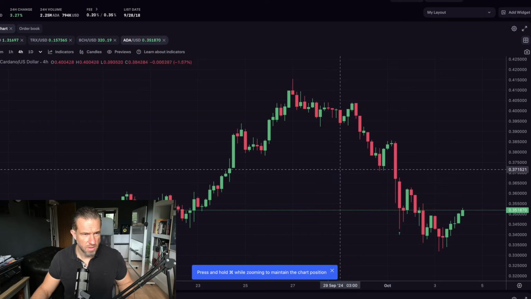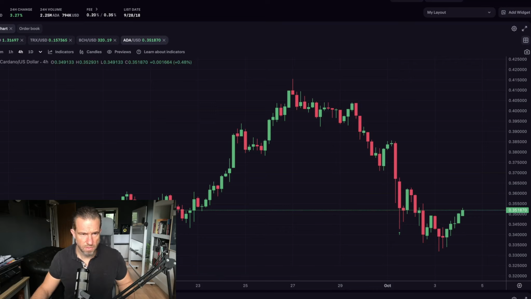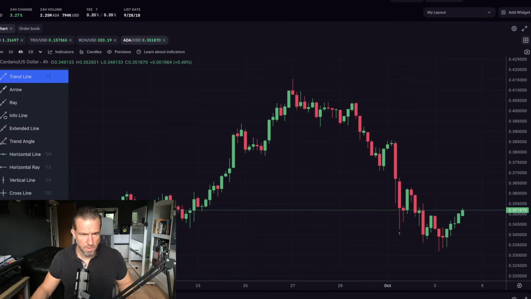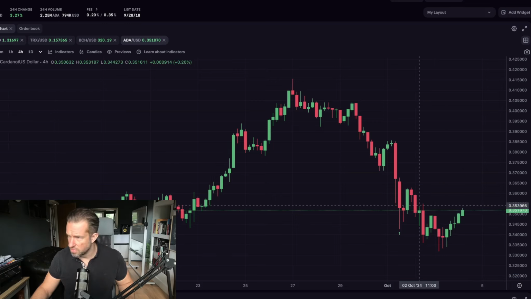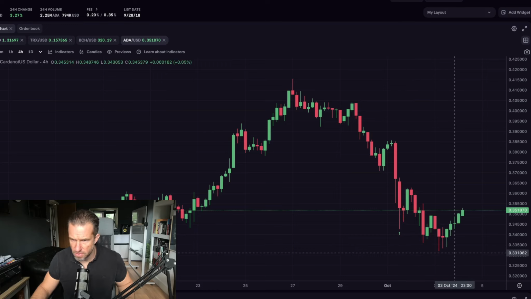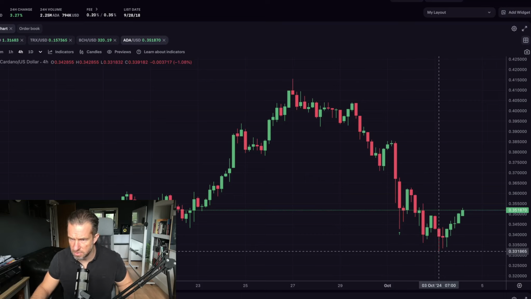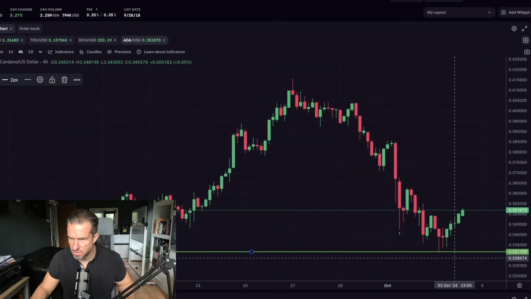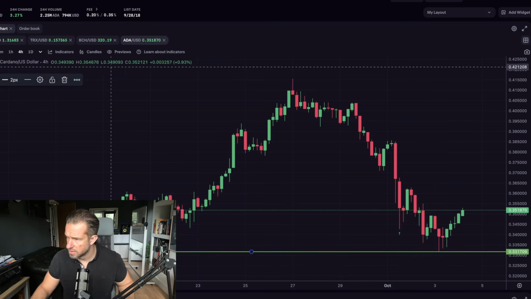Okay, so I'm looking at possibly entering around, let's just get a horizontal line. Stop loss will be at the low of this most recent 4-hour bar here, so the lowest point.